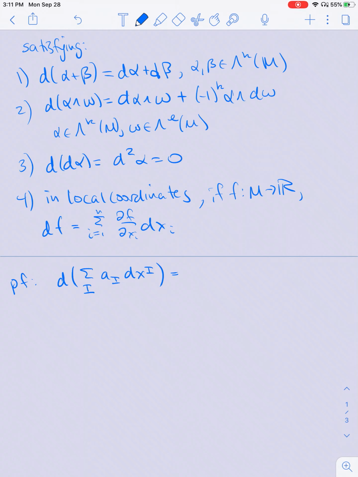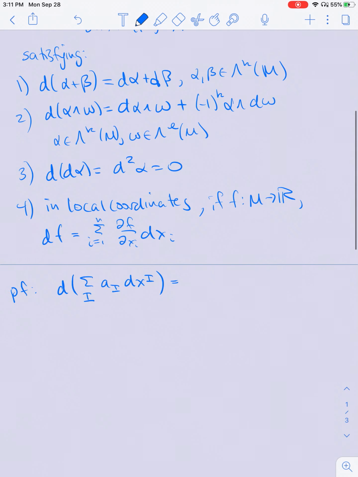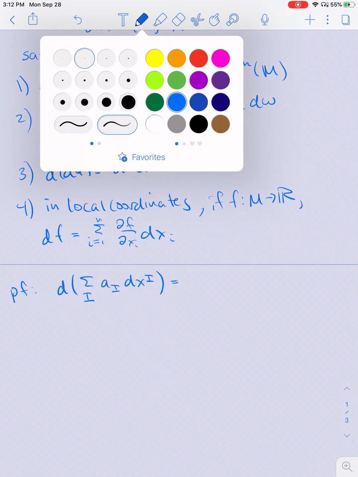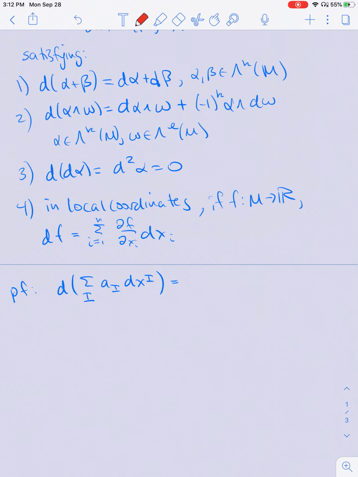So what I need to do is show that this formula is equal to the formula I had in the previous video. So when I apply this, because of property 1, I can put the d inside the sum. So I can do the sum outside.